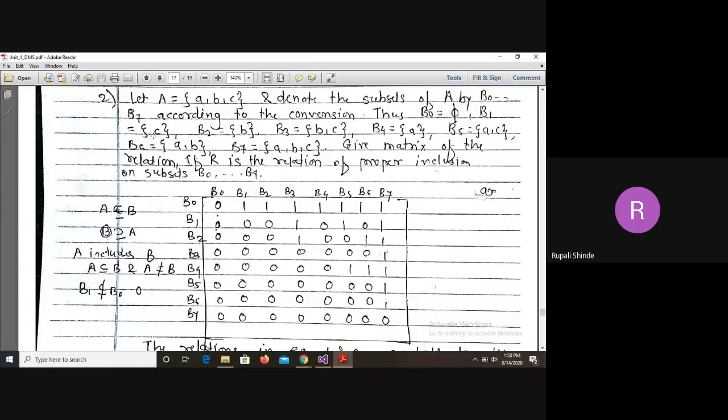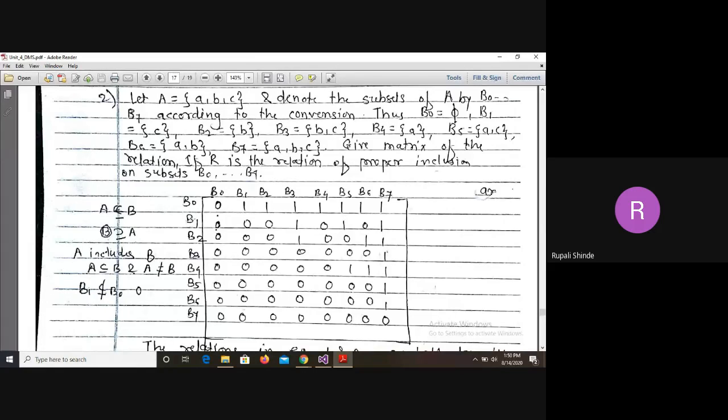B1 is set C and B5 is set A, C. So here we can say that B1 is a subset of B5 and B1 is not equal to B5. That's why B1 is a proper subset of B5 and we can represent it by marking 1.